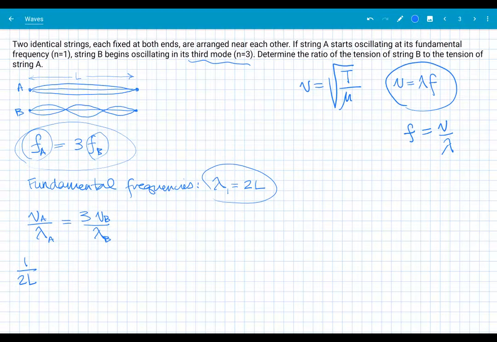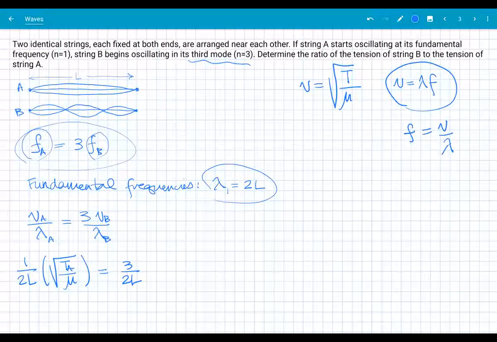And then substituting for the wave speed, I can sub in root T, tension in string A, over the linear density. Linear density is the same for both, so I'm not going to subscript that. Equals 3 over 2L times root tension sub B over mu.